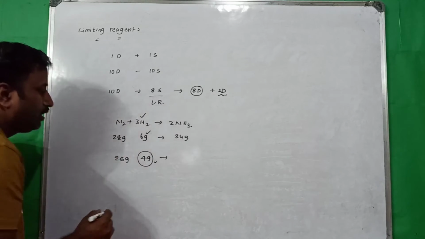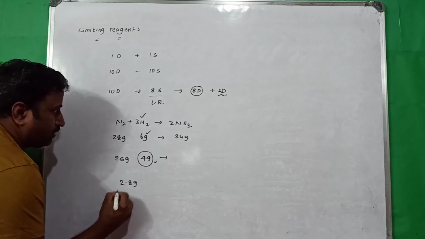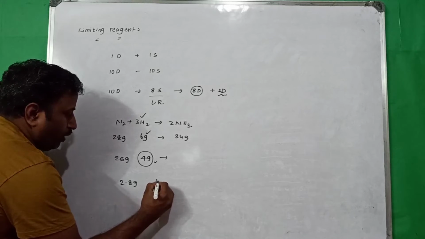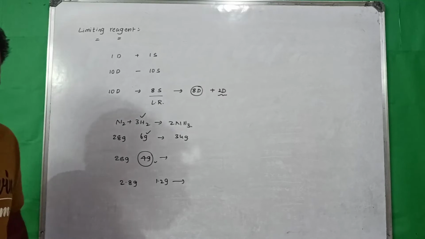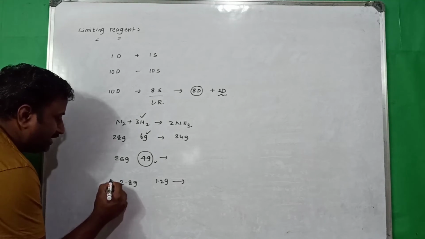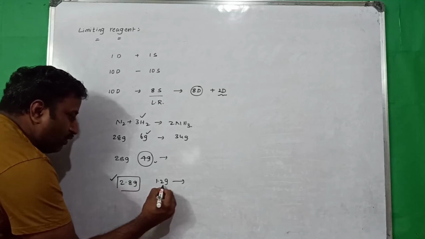In case you take 2.8 grams of nitrogen and 1.2 grams of hydrogen, which is the limiting reagent? In that case, the limiting reagent is nitrogen. Don't just see that this is more than this.